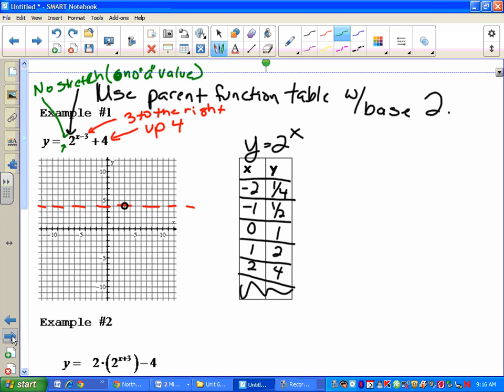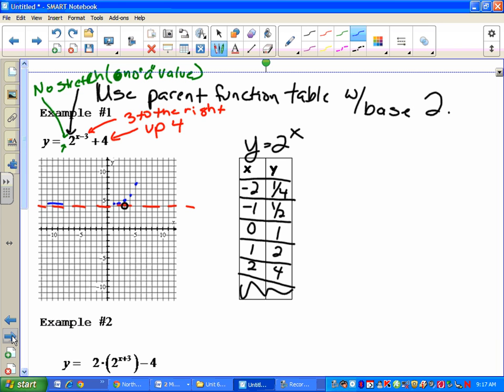So from here, you ready? I'm going to graph it in blue. Everybody get at your ghost point. Go 2 to the left and up a 4th. 2 to the left, up a 4th. 1 to the left, up what? 0 to the left, up 1. 1, 2, 2, 4.